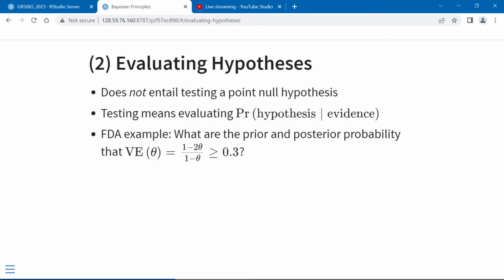So task 2, evaluating hypotheses. This does not entail testing a point null hypothesis, even though the language in Bayes' rule and some other books and articles that you might read is going to get very close to the language that frequentists use to test a point null hypothesis.